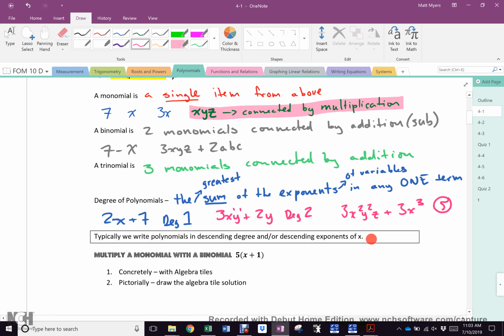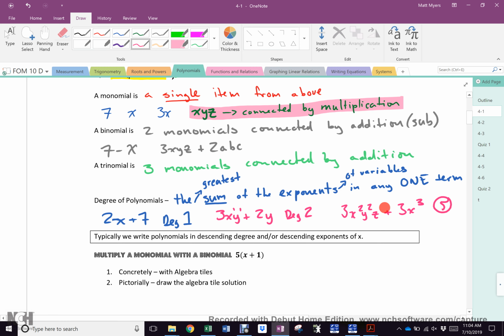This is kind of important because polynomials, even in grade 10, can get a little ugly. We usually write them in alphabetical order with the biggest exponent of the first letter first. So, in this question here, what is the alphabetical order? X, Y, Z. So X is first. What's the biggest exponent with X? No, not the degree, this cubed.